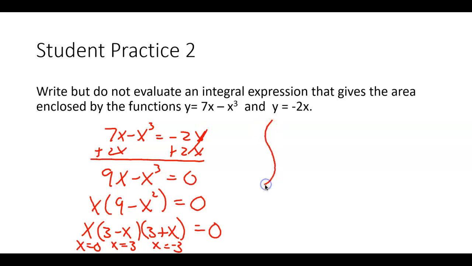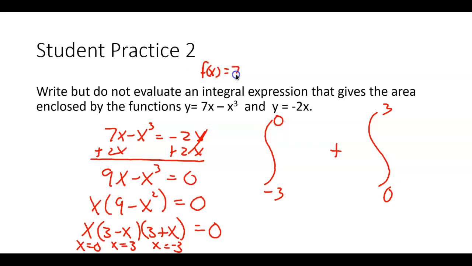So I'm going to be setting up my integral. You start with the lowest, then you go to the next one up, starting from there, ending on the highest one up. And we have to figure out which one goes on top. Now, a lot of you guys wanted to put f and g in here. If it's a multiple choice, it doesn't matter at all. If you're doing an FRQ, if you're going to create new letters like that, then you have to define it that way somewhere at the top of your paper.